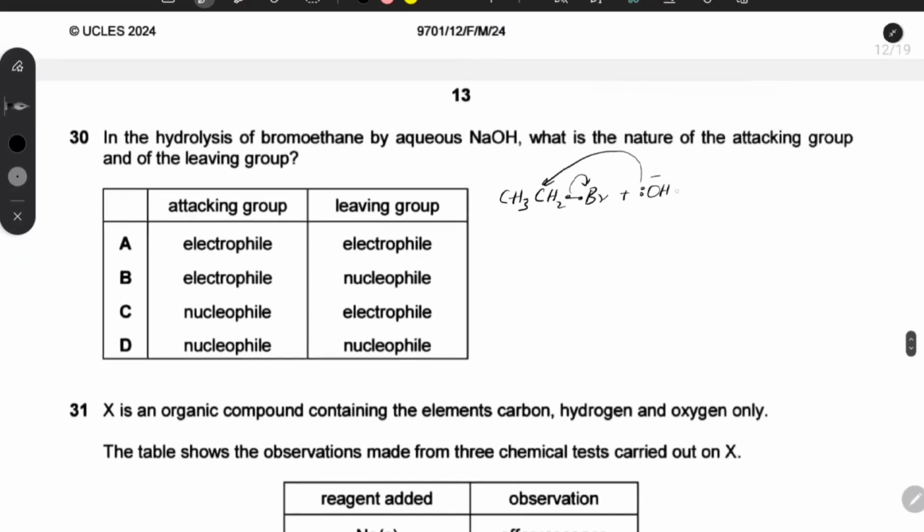What will happen is that you will get the product CH3CH2OH, which is an alcohol, and bromine will leave as a bromide ion, with that extra electron pair on it. So you can identify that the attacking group is a nucleophile, and the leaving group is also a nucleophile. So the correct option would be D.